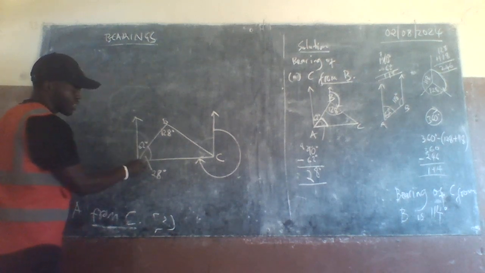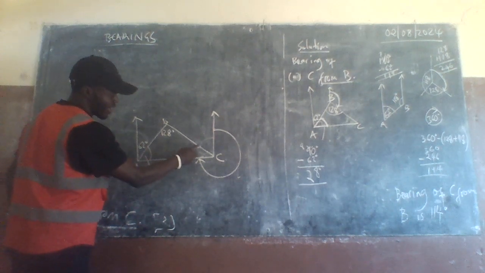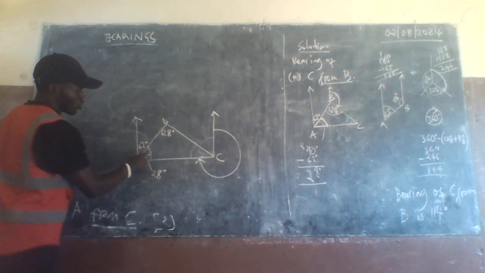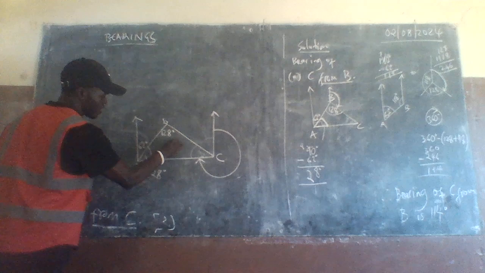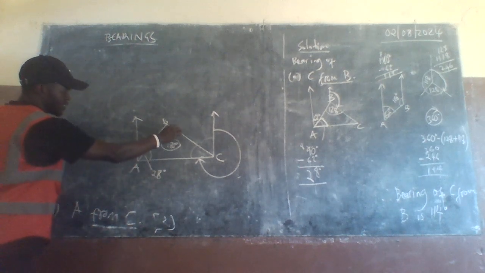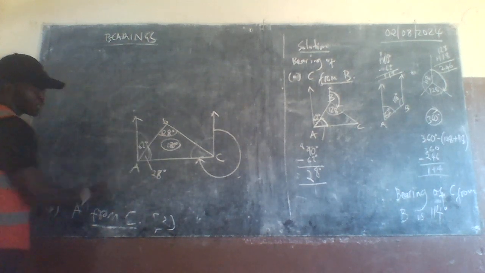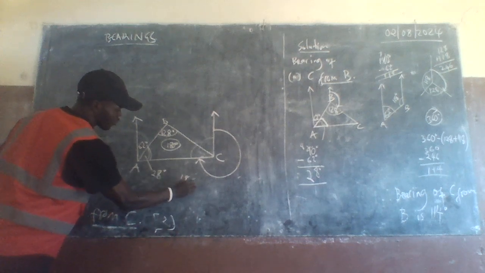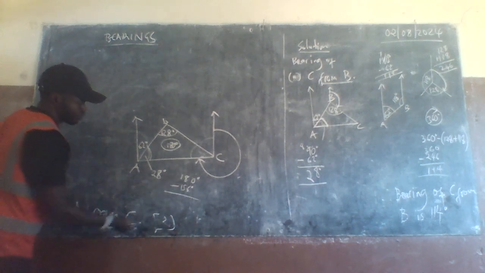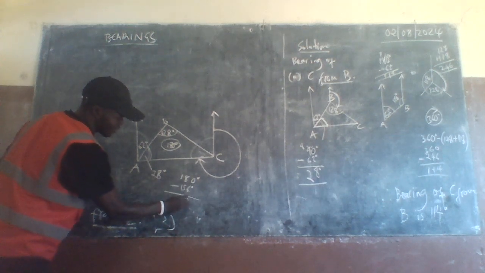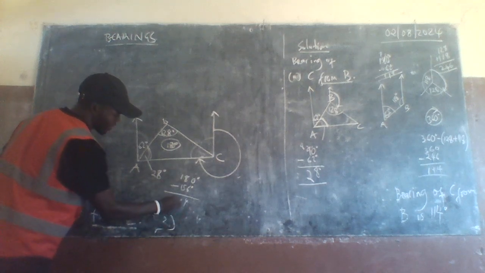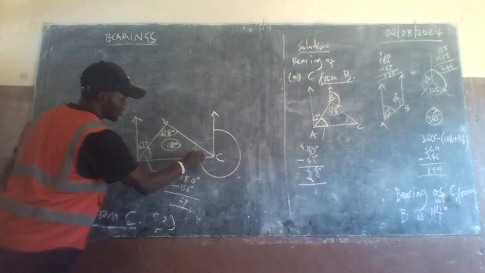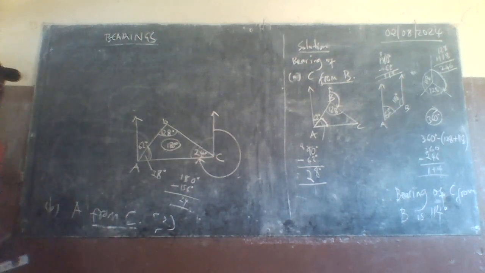Then 156, I'll subtract it from 180 to give me this one. We know that the total should be 180 inside here. So we add this angle and this angle. It gave us 156. Then 156 from 180. So 10 minus 6 is a 4. 7 minus 5 is a 2. So meaning the other one is the 24 degrees.